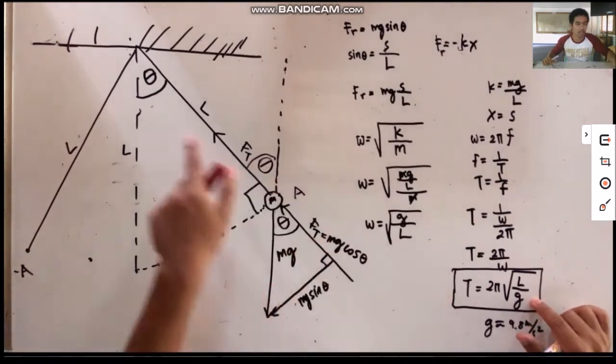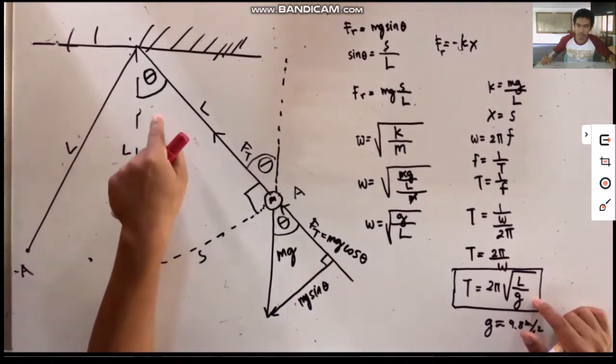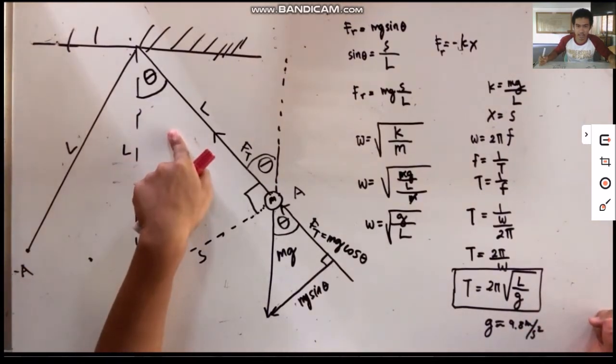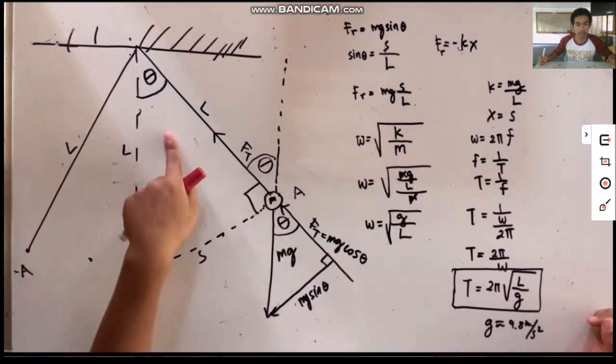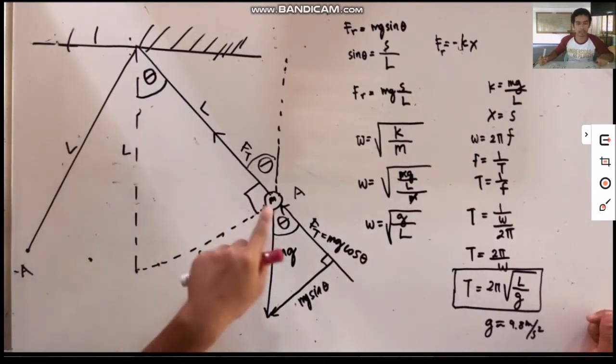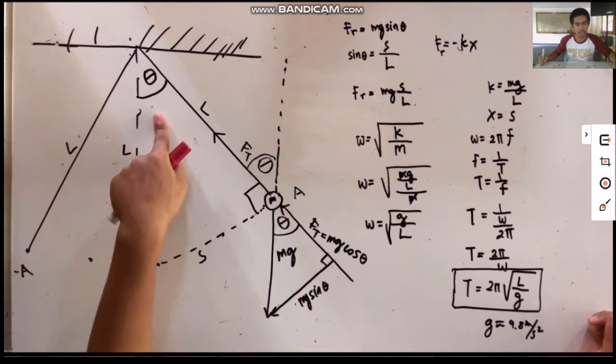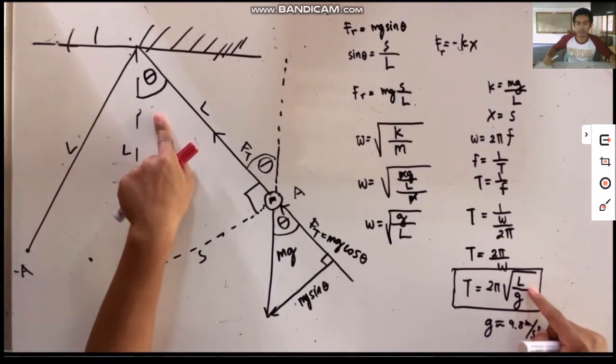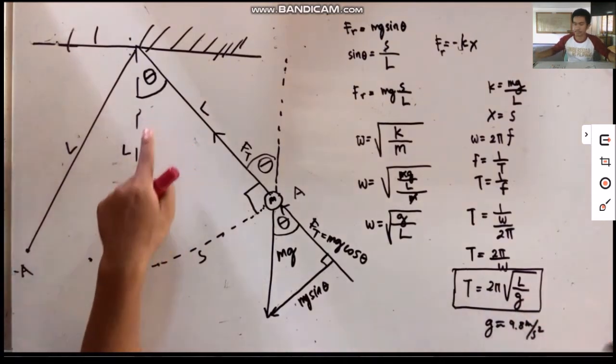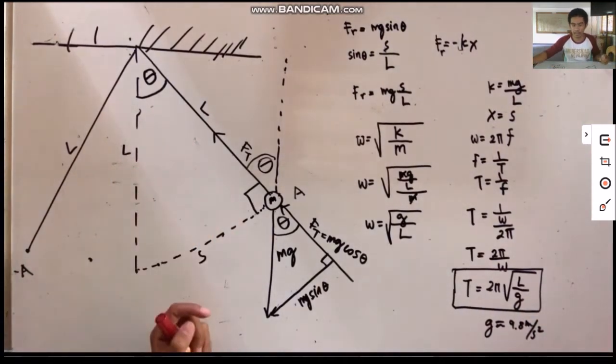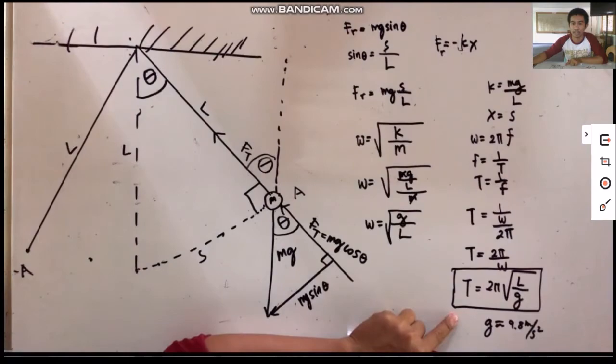So meaning, the simple pendulum is independent of the mass. The period of a simple pendulum is independent of the mass, but it depends on the length of the string and the acceleration due to gravity. So this is the period of a simple pendulum.